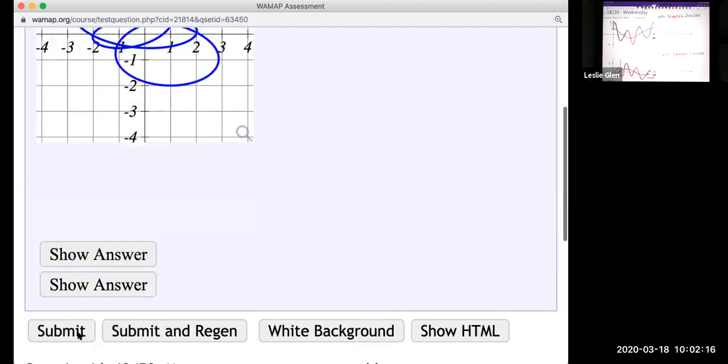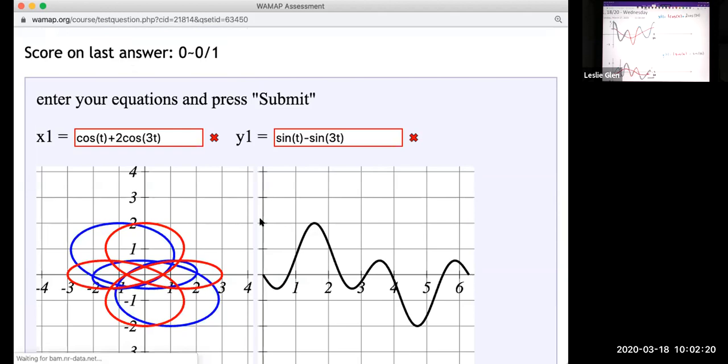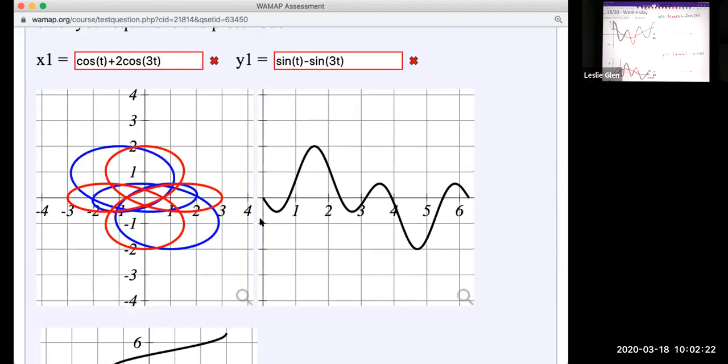Okay, so let's try that. Okay, well, it's not perfect, but I can see that all the loops are there. I don't know, they look to me like they're in the right place. They're just not far enough over, or, you know, there's some asymmetry going on here as well, and that's something we need to consider.